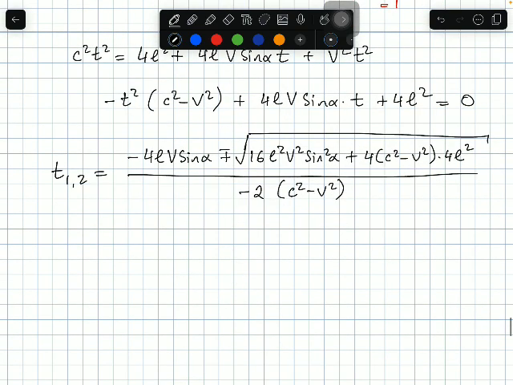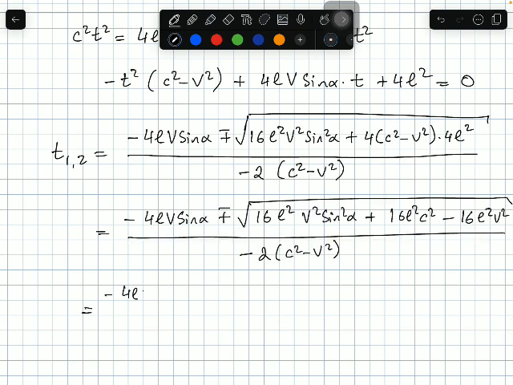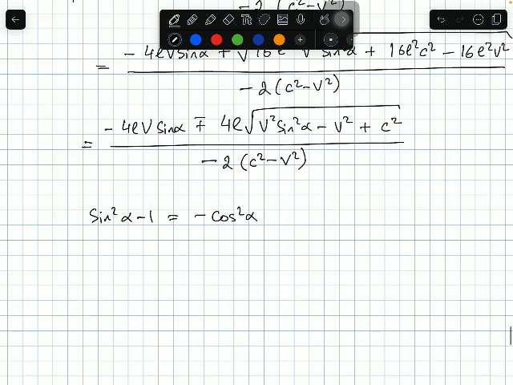So this can definitely be simplified. We see that 16 l squared can be taken out of the square root, so it will be 4l. And here we can just use the fact that sine squared alpha minus 1 equals negative cosine squared alpha. So using that, we can get the t.